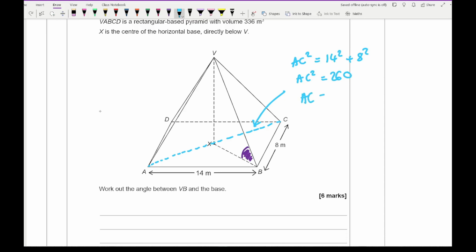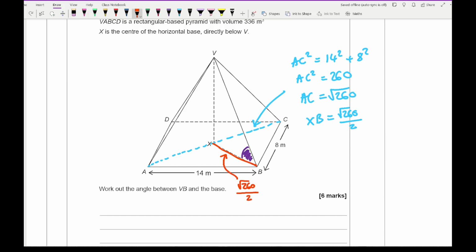So AC equals the square root of 260. So therefore, XB is going to be root 260 over 2, because it's going to be half that distance here. So this distance is what I've found. And that length there is root 260 divided by 2.